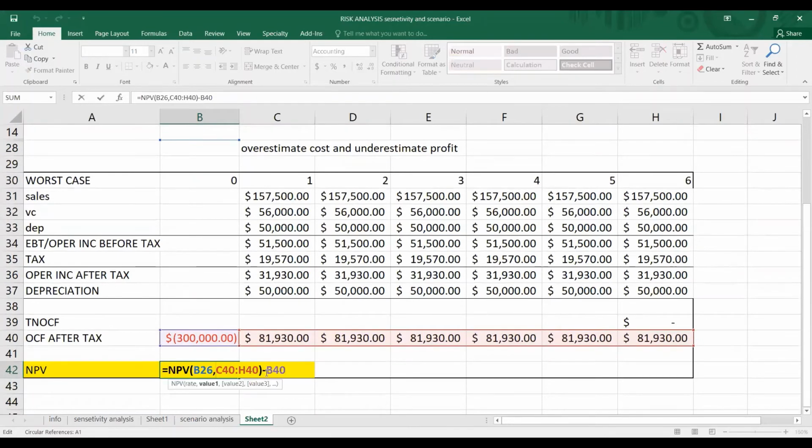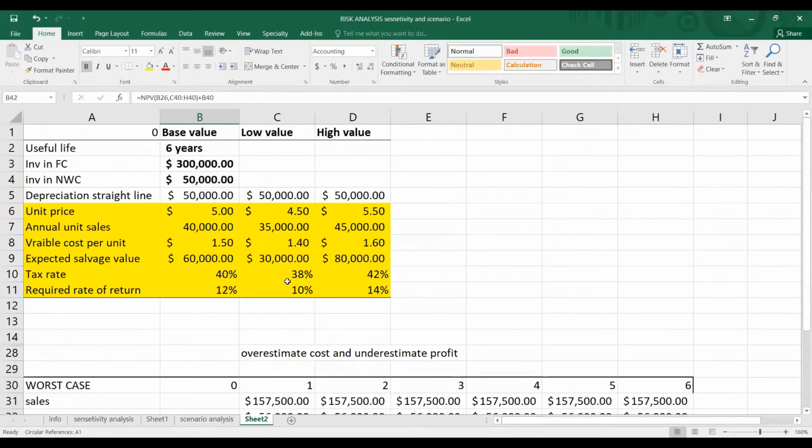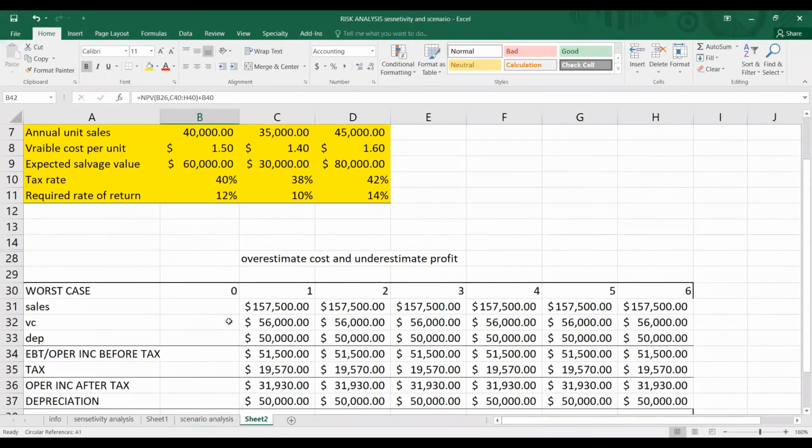Can I ask a question? Sure. Why in the worst case do we choose tax 38? Because during the recession period, it is expected that the government will help to ease the tax policy. The government doesn't put any pressure.